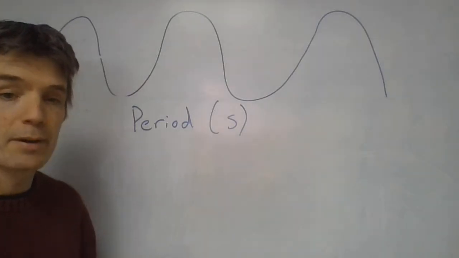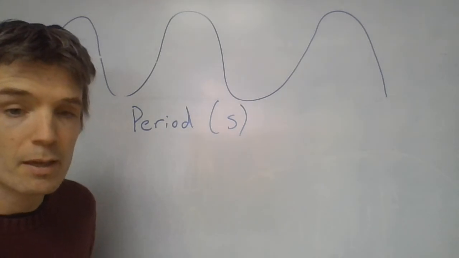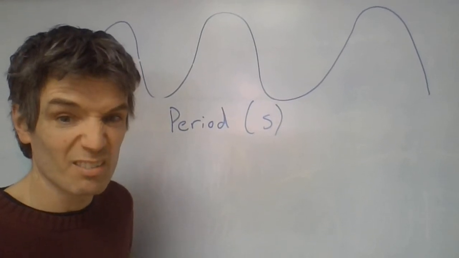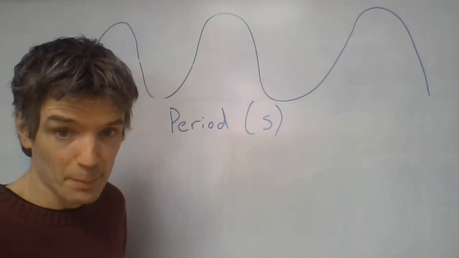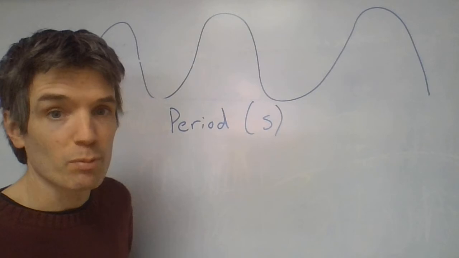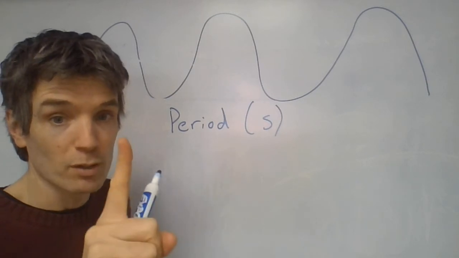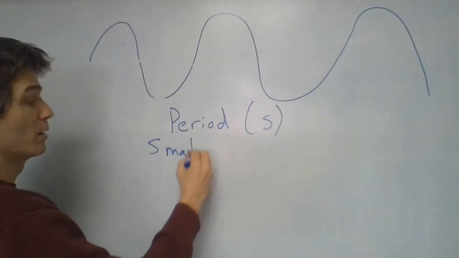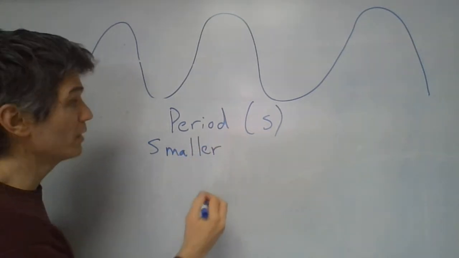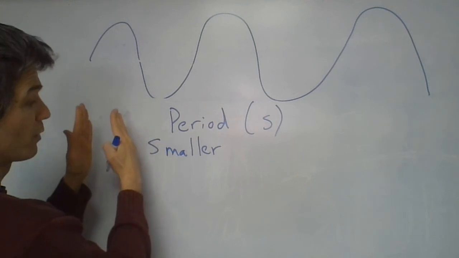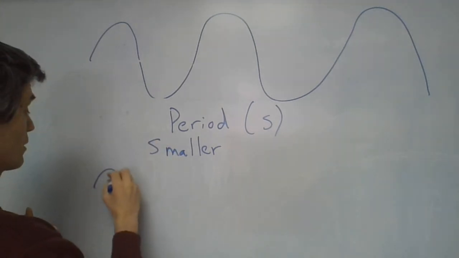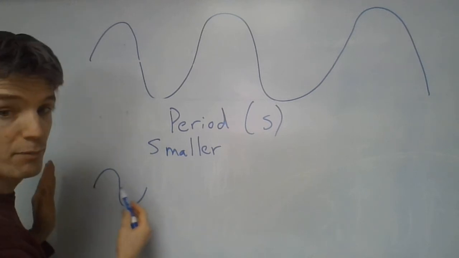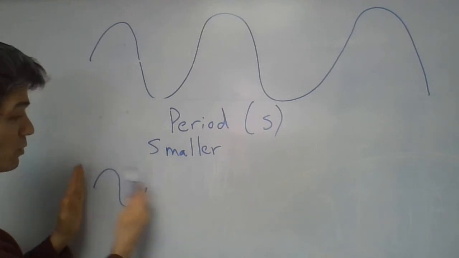Now, to vary the period, you're varying an amount of time. And an amount of time is how long it takes for something to happen. And in this case, we're varying how much time it takes one wave to go by. So to make a smaller period, you would crush the wave together because it's going to take less time for one wave to go by because they're closer together.